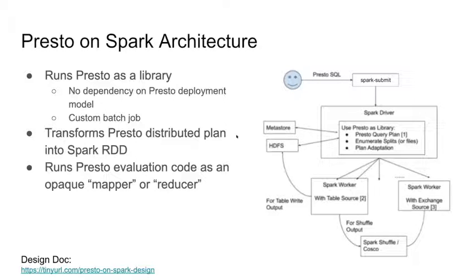Then the Spark RDD is run on the Spark cluster, and Presto evaluation code is executed as opaque mappers and reducers in Spark. We have a detailed design doc, so if you're interested, you can have a look and get more information.